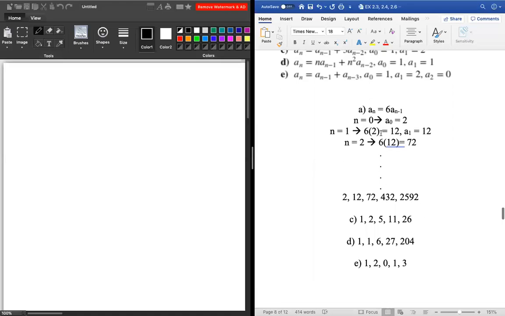So we will have to find the previous value in order to plug it into the next values. Any questions here?